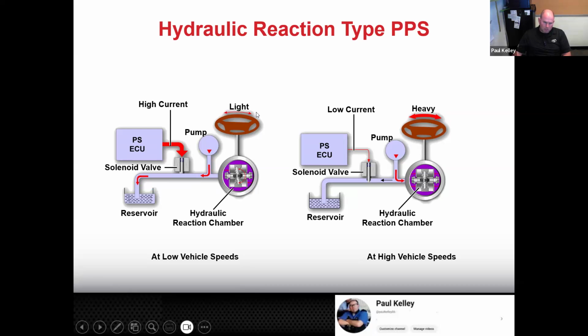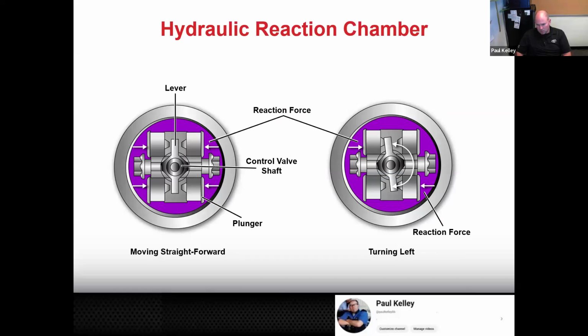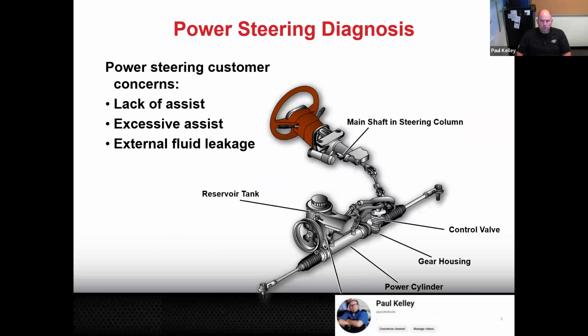So light steering means a lot of pressure is being made. But then if we start to lower the pressure, depressurize it, the steering will feel heavy. So we did do that for a little while with this reaction chamber. We could do stuff in several different ways. And so that's kind of what this was showing, right?